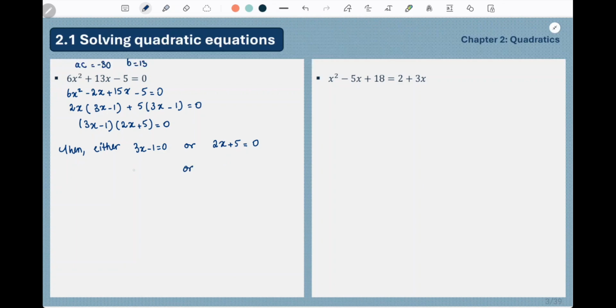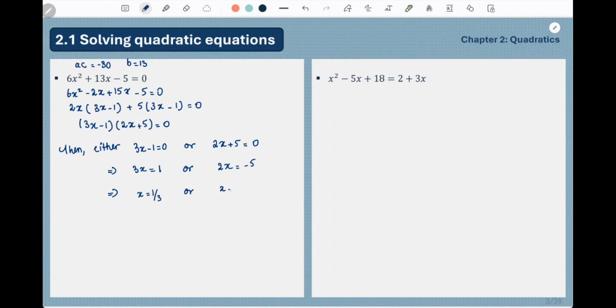In this case, 3x, I'm gonna move the 1 to the other side, yeah? And for this one, the 5 is gonna move on to the other side, okay? I always like to do it simultaneously. Some people do it one by one, but I do them together as I'm going through it. So x is equal to 1 over 3, okay?